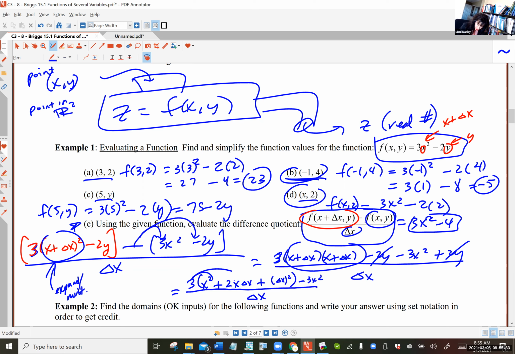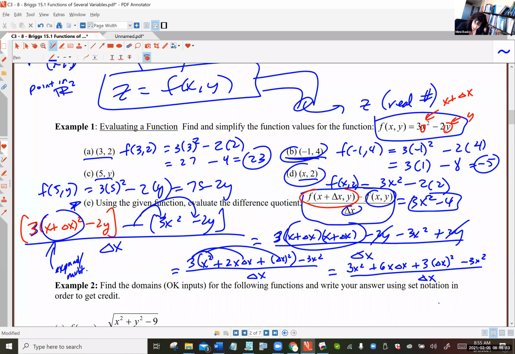And then you're going to want to distribute this 3 over the parentheses. So your numerator becomes 3x squared plus 6x delta x plus 3 delta x getting squared minus 3x squared all over delta x. Clean it up.